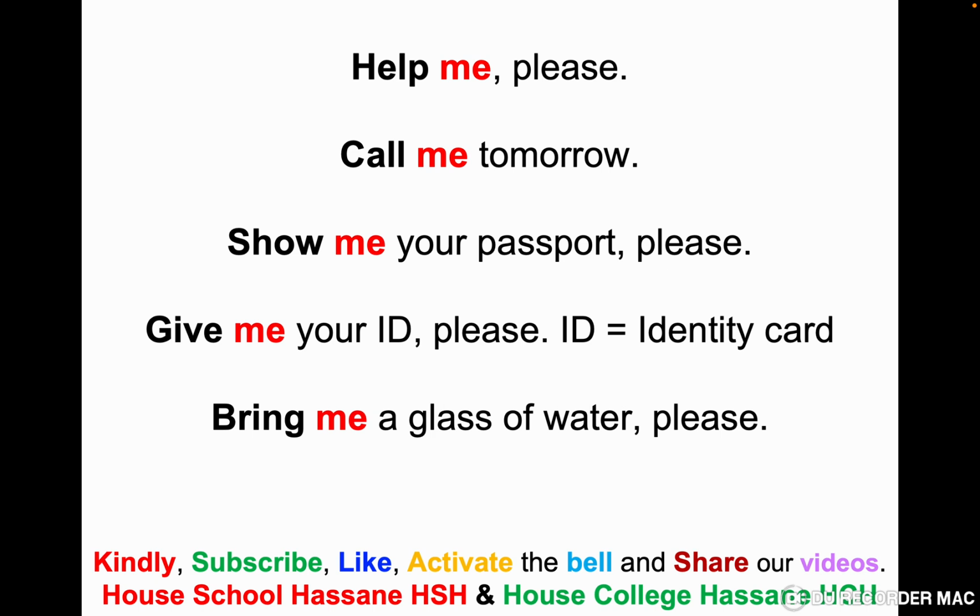ID means identity card. And the last example, bring me a glass of water please. As you see from these examples, we have verbs, and the word that comes after these verbs is just me. It refers to I, but we cannot say help I, call I, show I, give I, bring I. No, because I always comes before the verb.